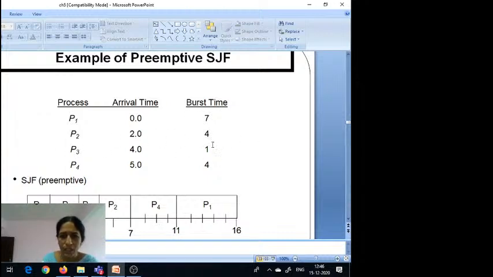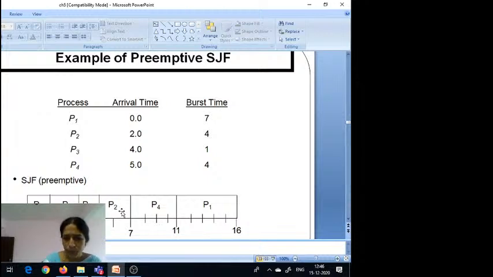So automatically the P3 process enters the CPU. After completion of 1 millisecond, at the 5th millisecond the P4 process enters the ready queue.